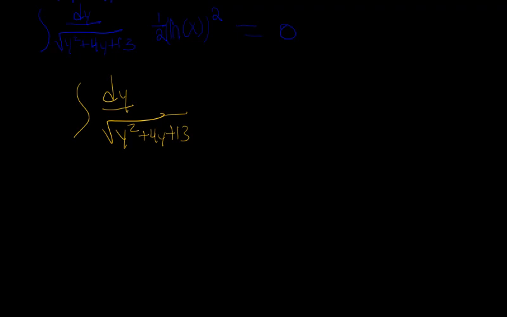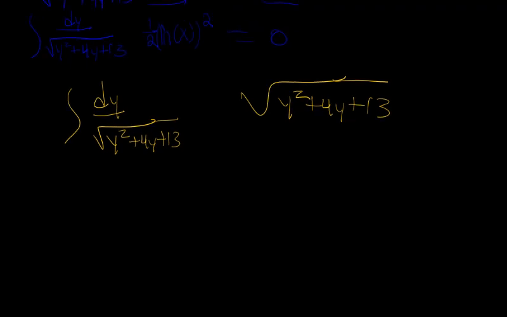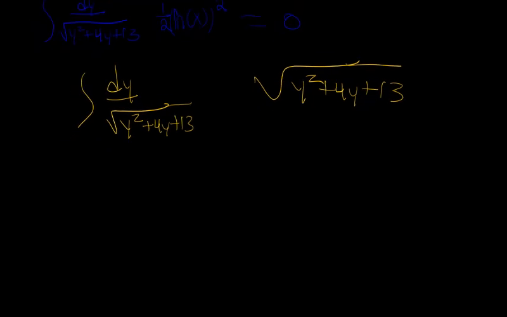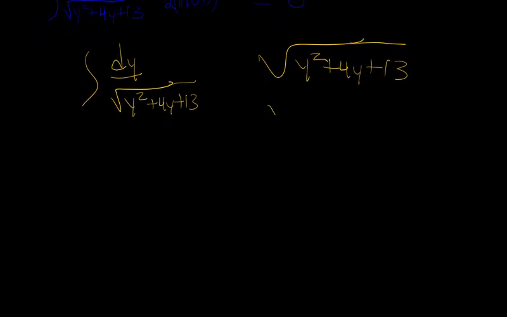So this y squared plus 4y plus 13 is actually y plus 2 quantity squared plus 3 squared.